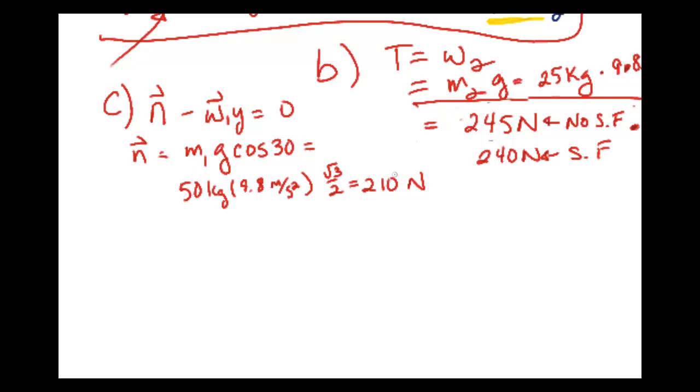And then this one was 212 with no sig figs. And then, let's see, this one has one significant figure from the 50. So that would be 200 if you did sig figs.